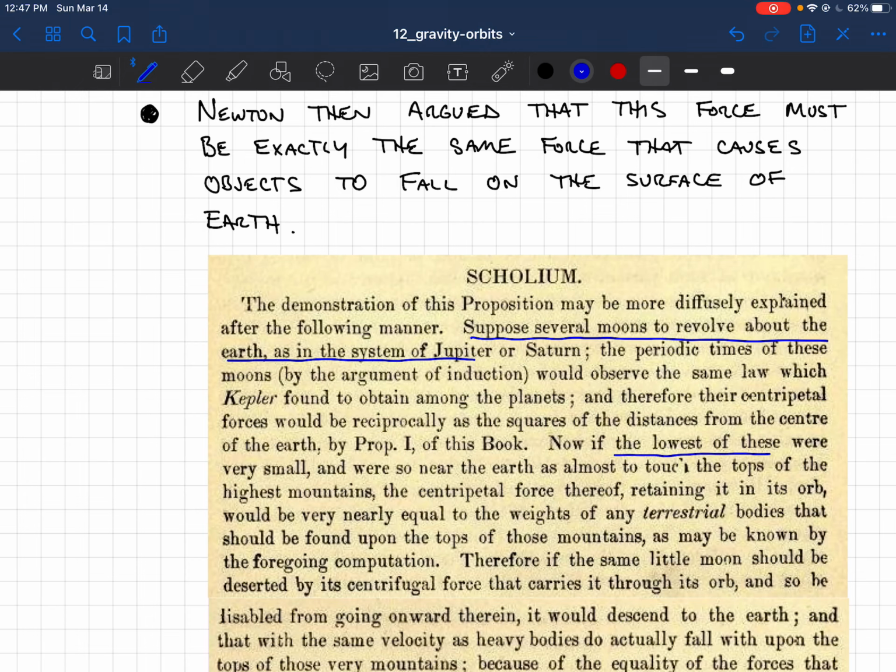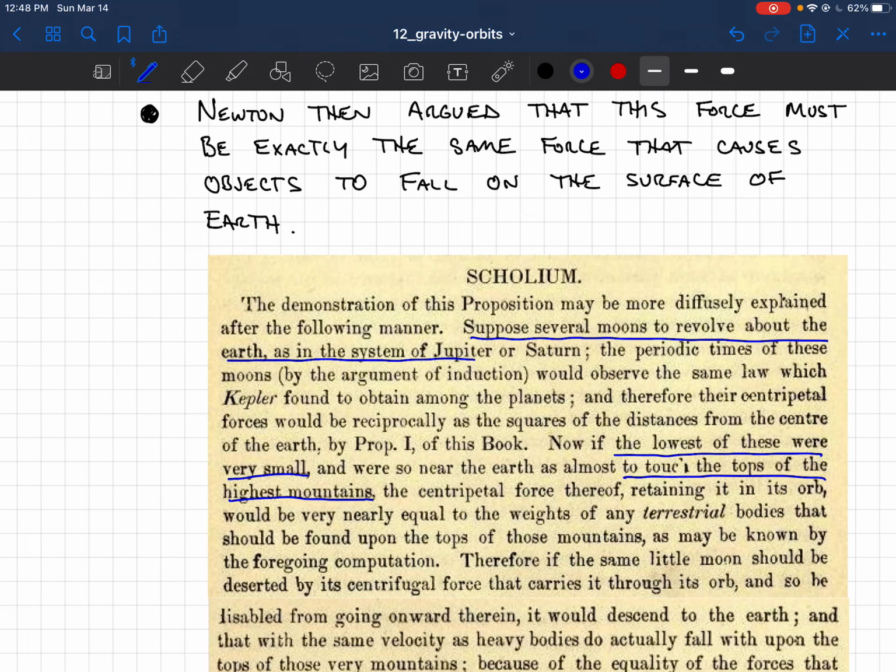And then if we take one that's very, very low and very, very small and allow it to just orbit by touching the tops of the highest mountains, then the thing that causes it to go around is, of course, Newton's universal law of gravity, the thing that we just derived.